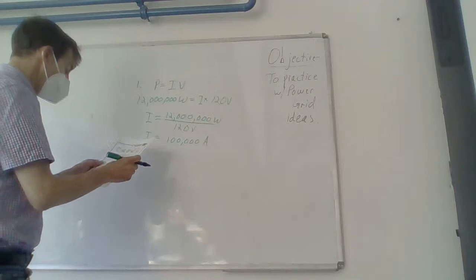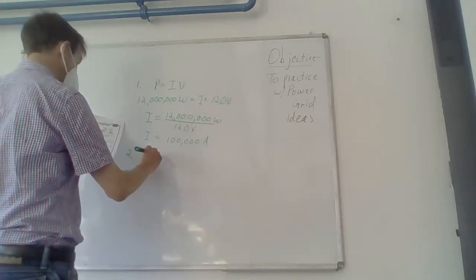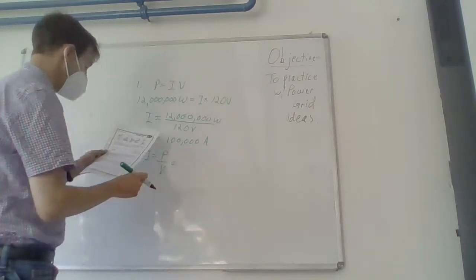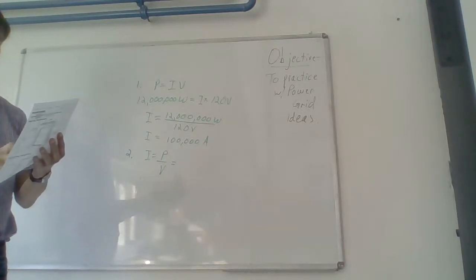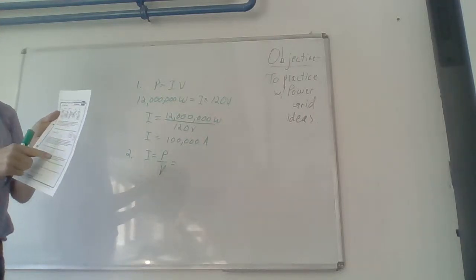Let's do number 2 then. So here we go. I need I equals P over V. And this time, look at that, it's 120,000 volts. That's what's produced. Look up at the top. Where's that in the diagram?